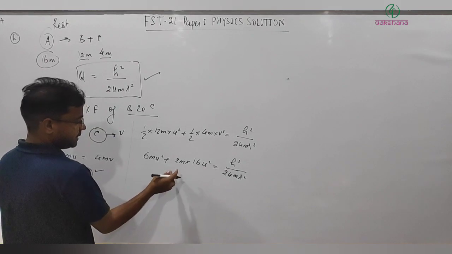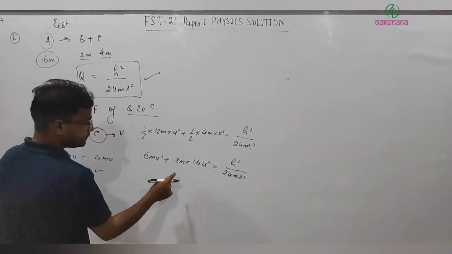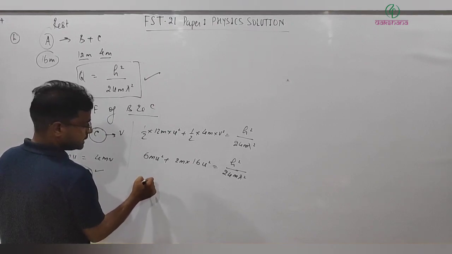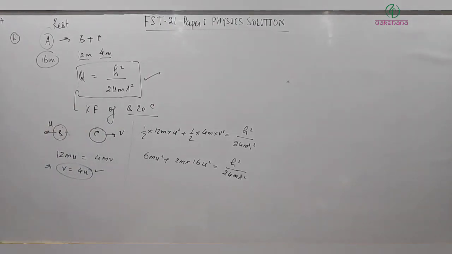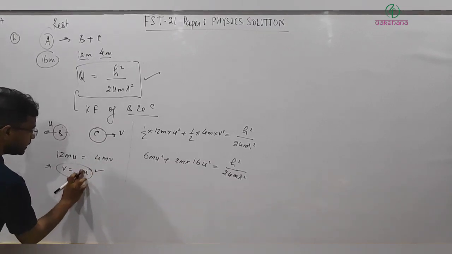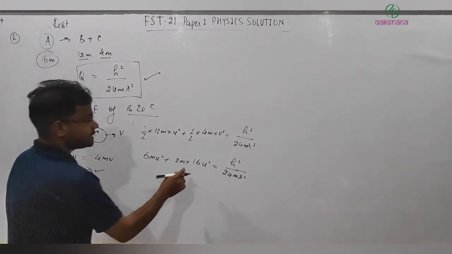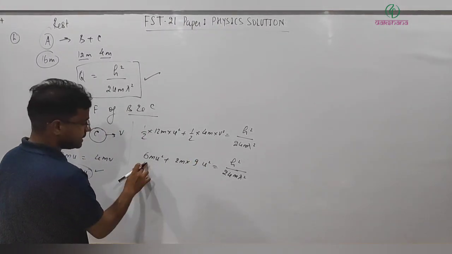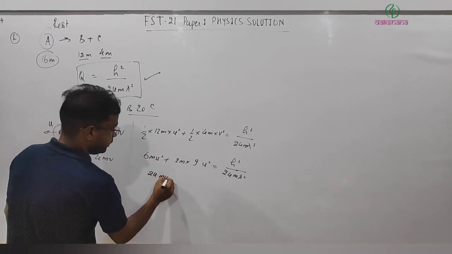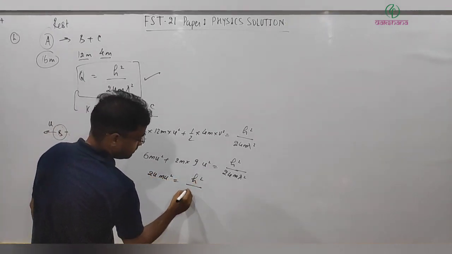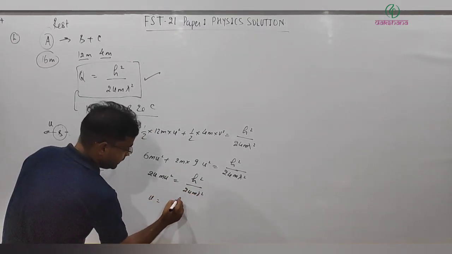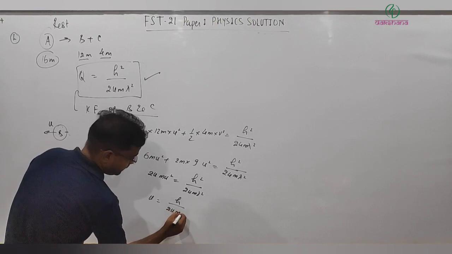Further simplifying, a little bit of small calculation error, I cancel and substitute: 18 plus 9 into 2, 18 plus 6, so it will be 24m u square equal to h square divided by 24m lambda square. Solving it, I get u equal to h divided by 24m lambda.